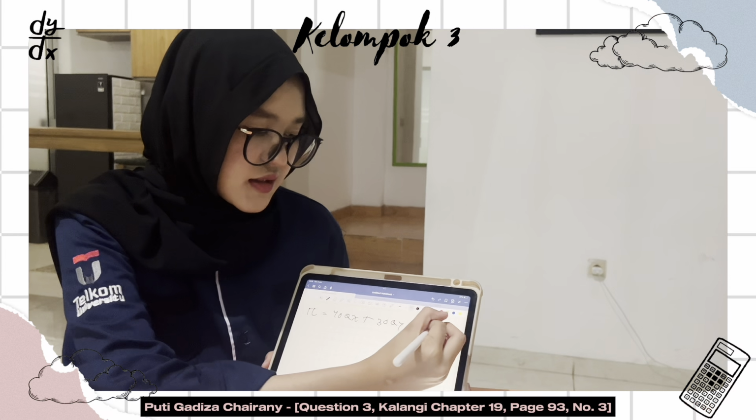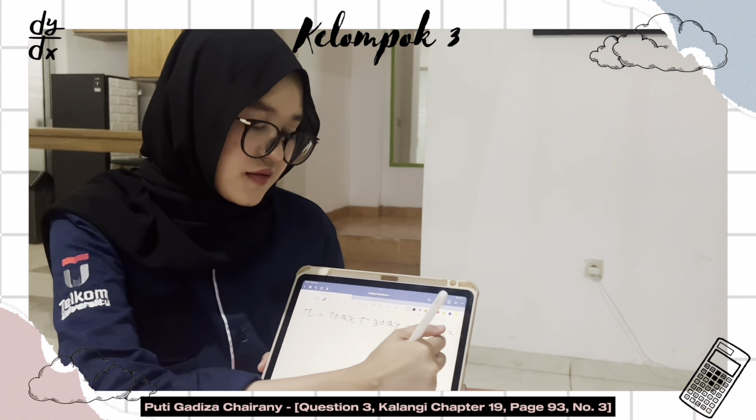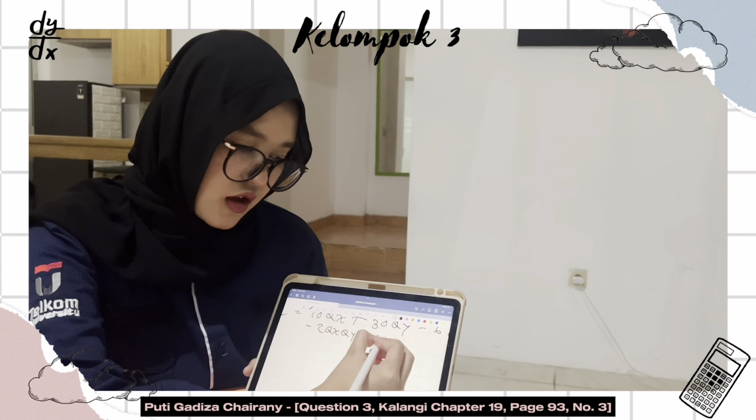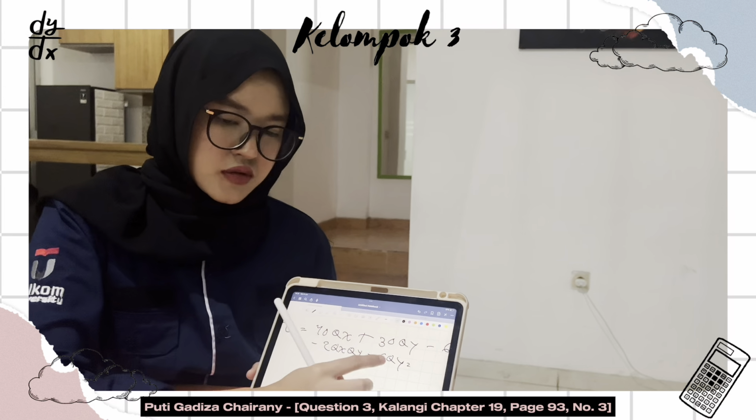The p is 40qx plus 30qy minus 6qx squared minus 2qx qy minus 6qy squared. Okay, so we just put in the qx and qy.